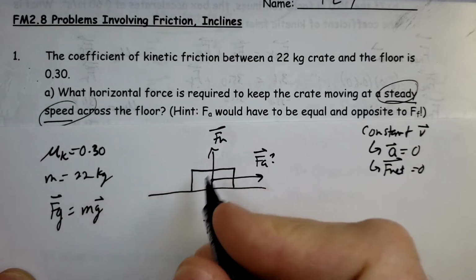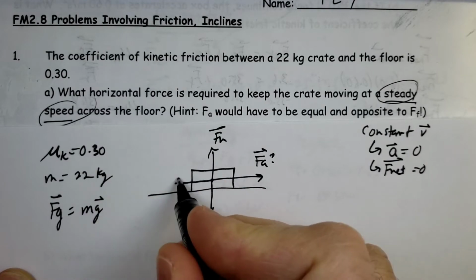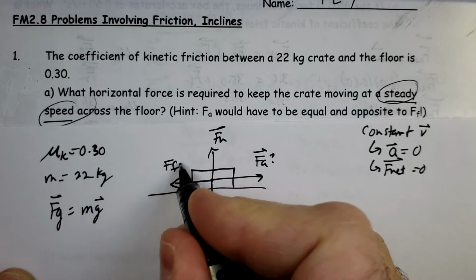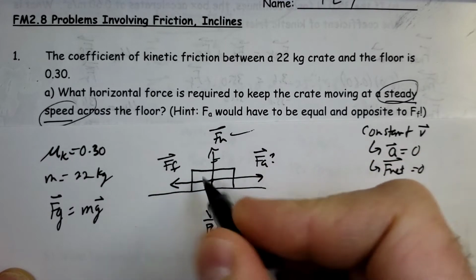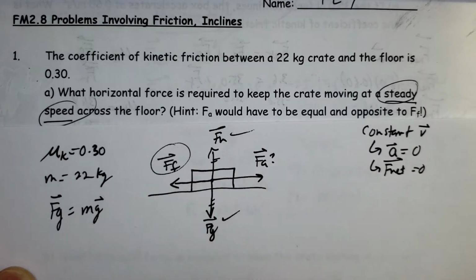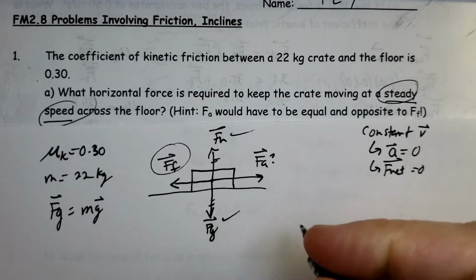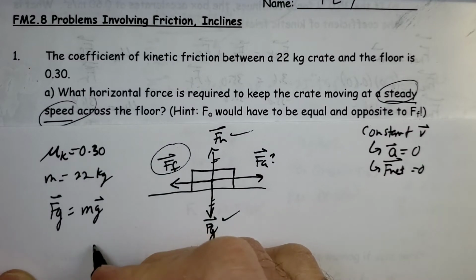Since we're told the coefficient of kinetic friction, we'll be able to figure out this and this because these are equal and opposite. And once we use the coefficient of friction equation to figure out FF, horizontally, we'll know what's going on.